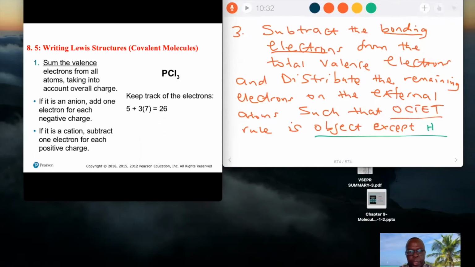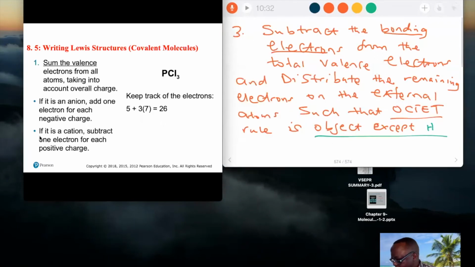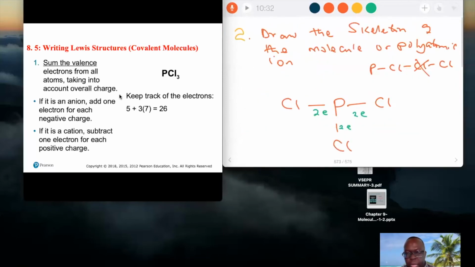So rule number 3 states that we need to find out how many bonding electrons we have used. Let me go back here. If you look at each connection here, in each line we have 2 electrons. In this molecule, we have 26 total. So that means 26 minus how many we have used here. If you look at this, it is 1, 2, 3, so we have used 6 electrons.